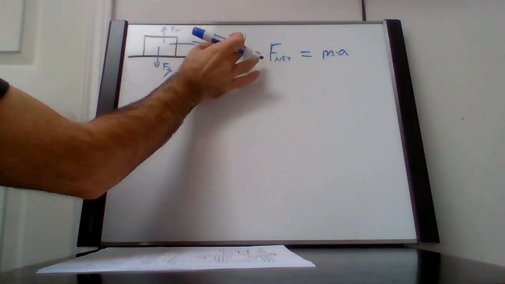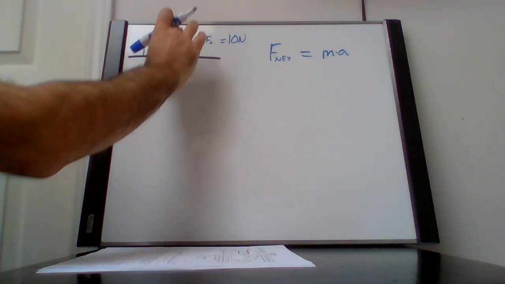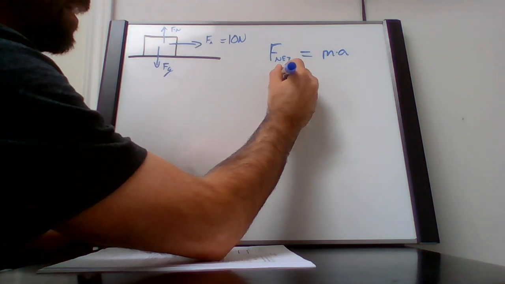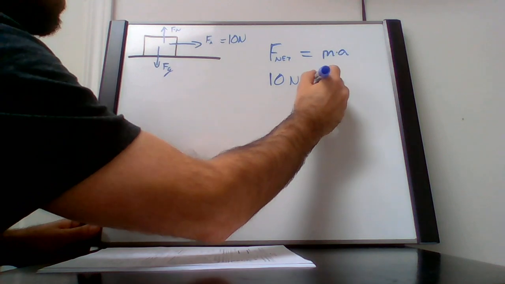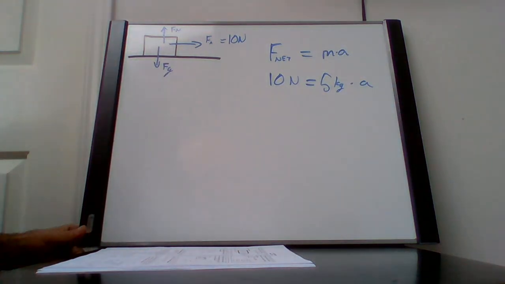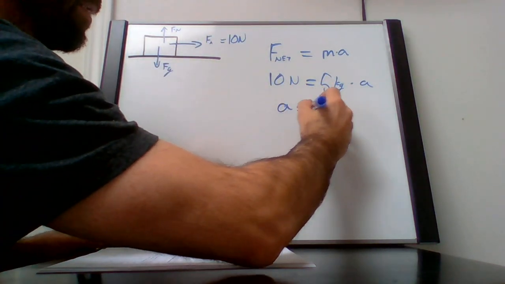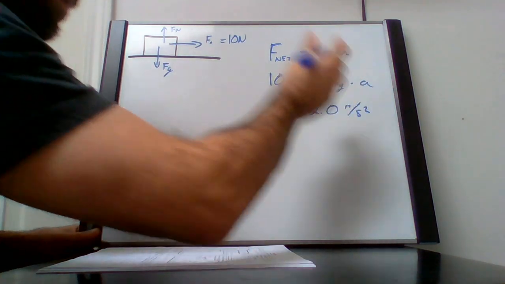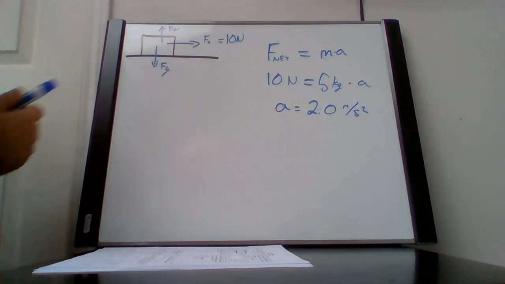In this situation, this is the only net force I have, because the normal force and the force of gravity cancel each other out. So this is going to be my 10 newtons equals my 5 kilograms multiplied by my acceleration. I'm just going to divide out that 5 kilograms from both sides, and I get my acceleration is 2.0 meters per second squared.